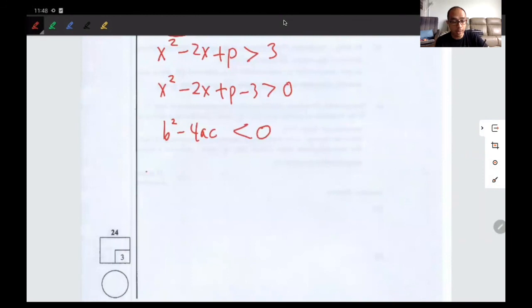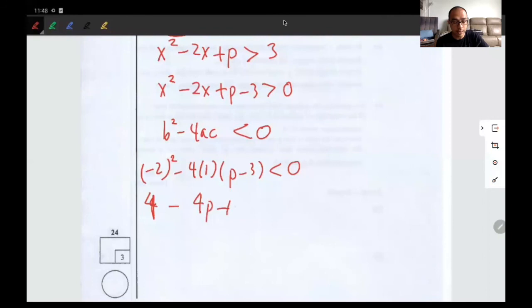And b squared will be negative 2 squared minus 4 times 1 times p minus 3, is less than 0. So this is 4 minus 4p plus 12 is less than 0. And you can work your way around the rest. So p is more than 4, if I'm not mistaken.